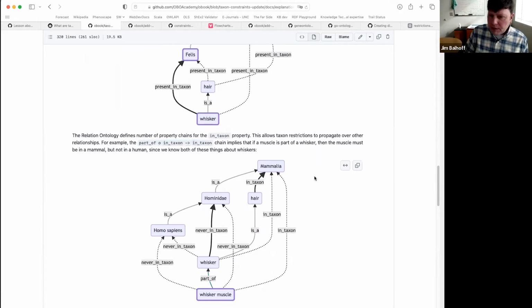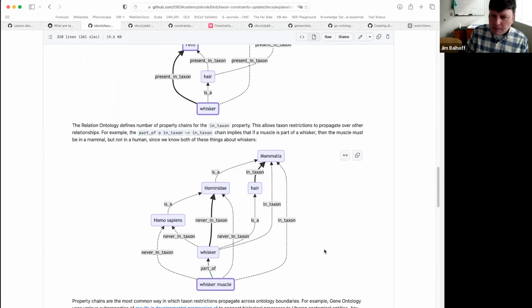As an example, back to whiskers again, we have a whisker muscle, which is part of a whisker. And so we have two taxon restrictions in this ontology. Hairs are part of mammals, and whiskers are never in hominids.